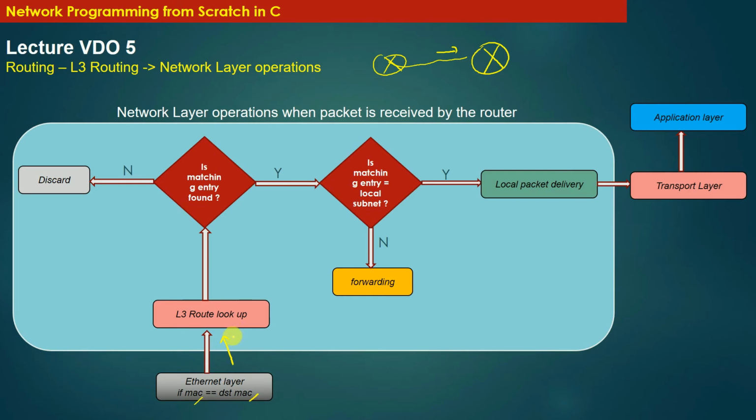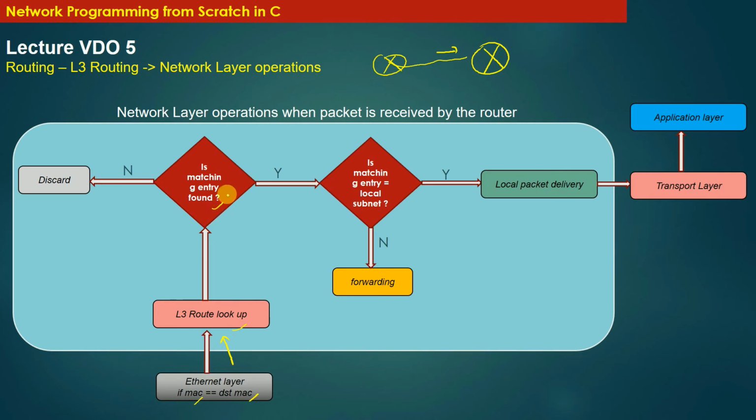Now the network layer works with the IP header. Using the IP header, the network layer does the route lookup using the destination IP address specified in the IP header of the packet.